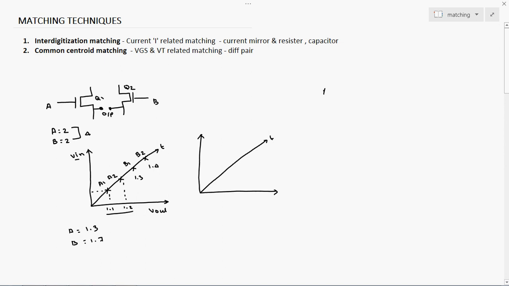Initially we had A1, A2, then B1, B2; this was the earlier pattern. After matching, we rearrange the pattern, for example A1, B1, B2, A2. So this is my second pattern: this is A1, this is B1, this is B2, and this is A2.